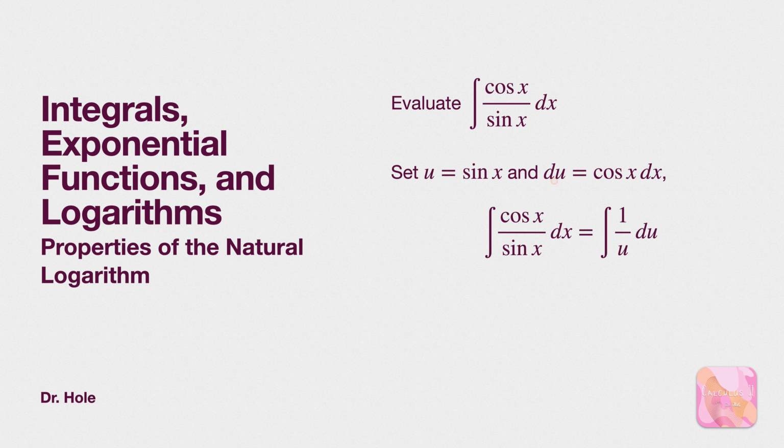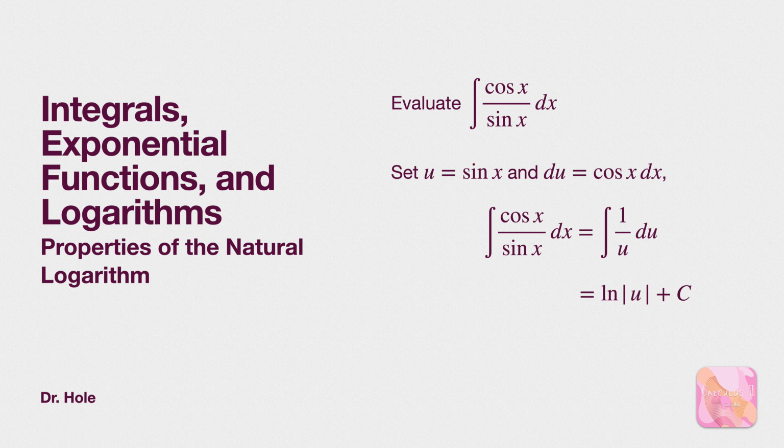We can swap out: cosine dx appears as a numerator, thus becoming the new differential du, and the sine of x appears in the bottom, thus we get a u as a denominator. And voila, this is exactly the form of the property that we just studied. This will be the natural log of the absolute value of u plus a constant.